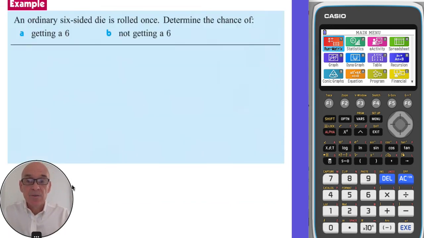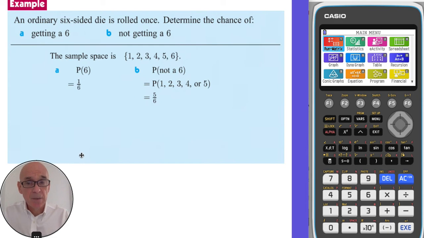So here we're asked to determine the chance of getting a 6 and not getting a 6. If we first identify the sample space, again it is the numbers 1, 2, 3, 4, 5, 6. So the probability of getting a 6 is 1 in 6.